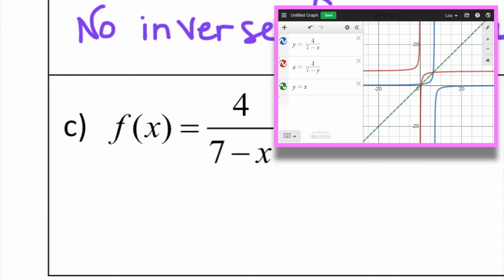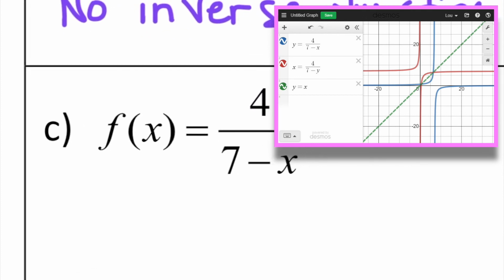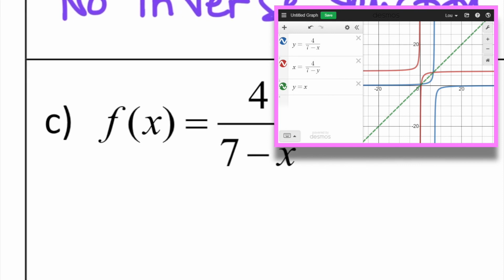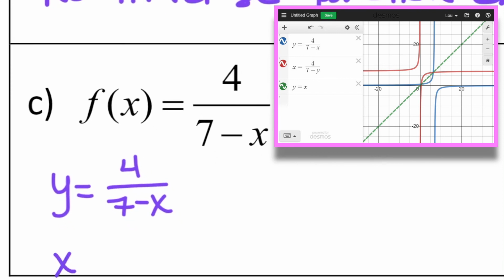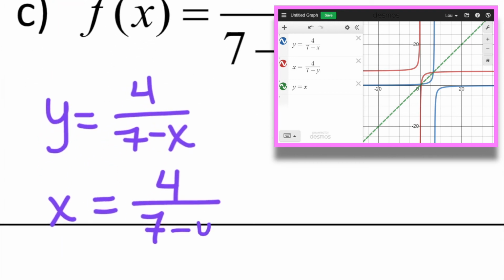Letter C. And again, hopefully you're looking at a graph of both y equals 4 over 7 minus x, as well as x equals 4 over 7 minus y. Okay.